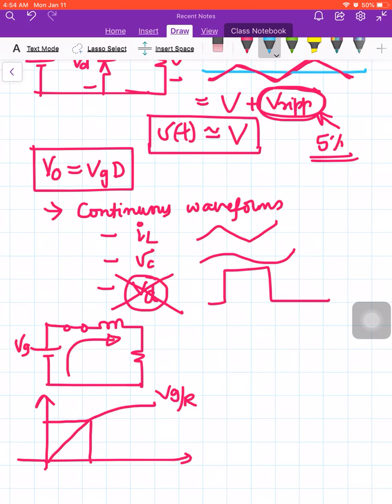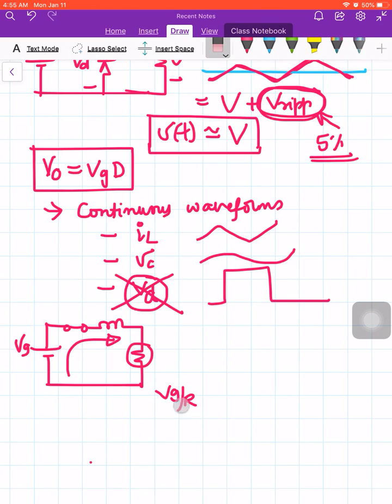And the switching cycle is of this order. So we can see that in that region we can approximate the nature of the curve with a straight line. So in this region I can approximate the nature of the inductor current and the nature of the resistive voltage drop with a linear curve.